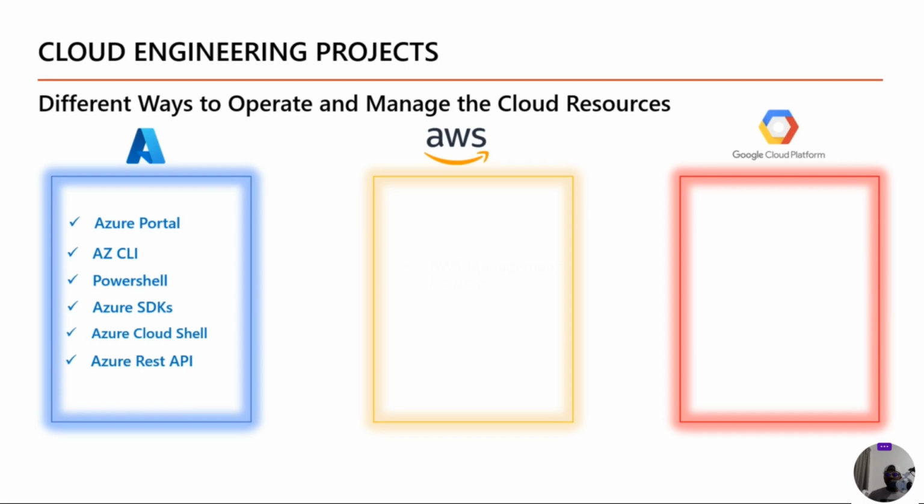This is very useful when you want to use other clients like Postman to query resources within Azure. So this supports a set of HTTP operations which provide create, retrieve, update, or delete access to Azure services. Okay, these that I've mentioned are very popular clients that you use to manage Azure resources depending on your use case.